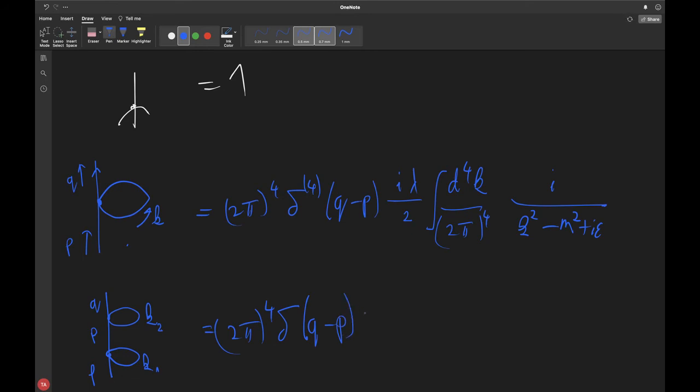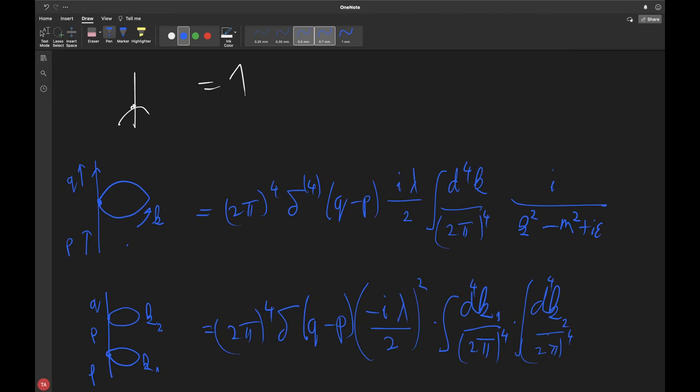Then we now have 2 loops, so this is a second order diagram. So that means that we have minus i lambda over 2 squared, and then we have the integral for the 2 loops: the k1 four-dimensional integral, 2 pi to the 4th power, and the dk2 four-dimensional integral, 2 pi to the 4th.